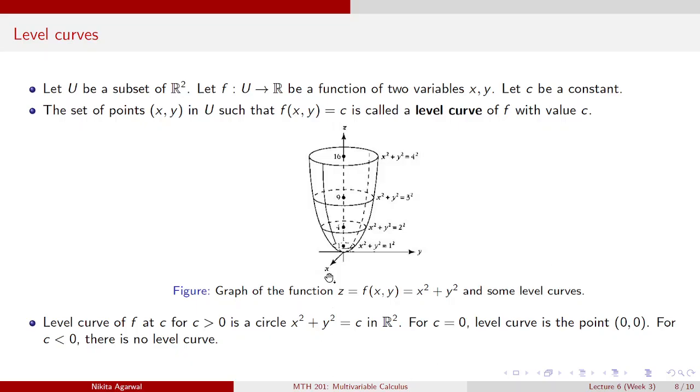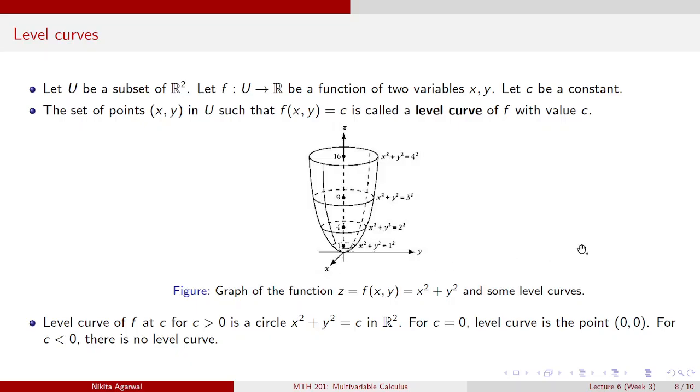So let us look at this graph. This is the graph of the function f(x, y) equal to x square plus y square, right? So now what are level curves? Level curves are when you put z equal to a constant. So z equal to constant means a plane which is parallel to the xy coordinate plane, right?